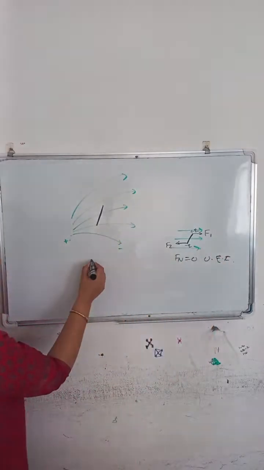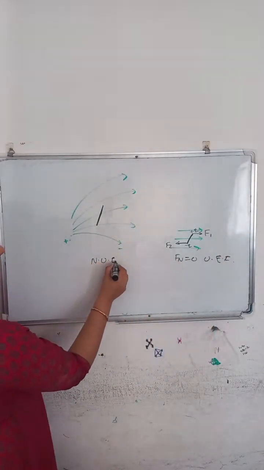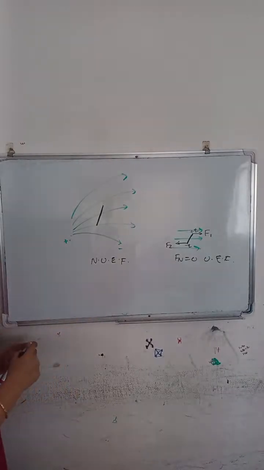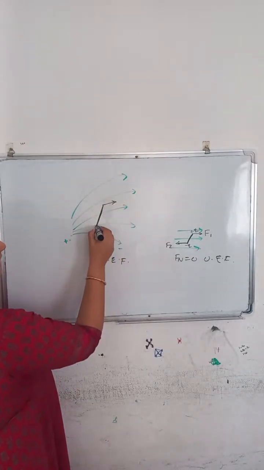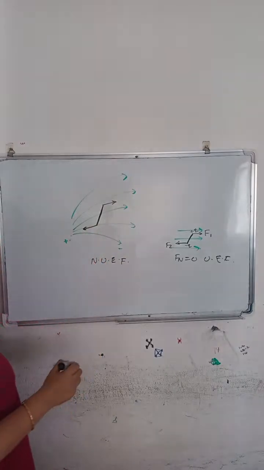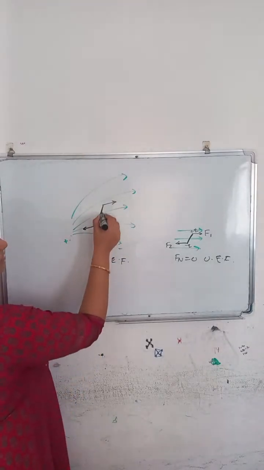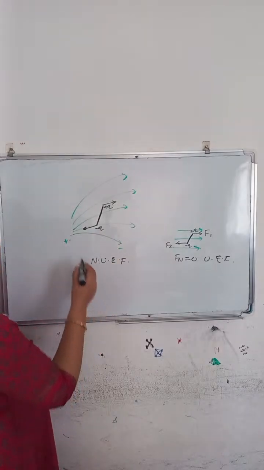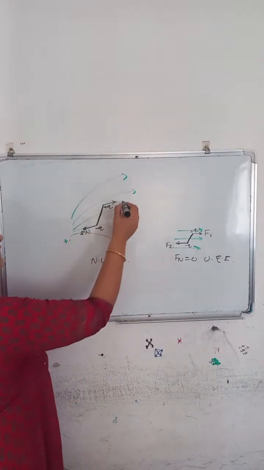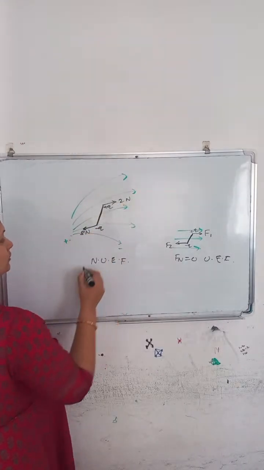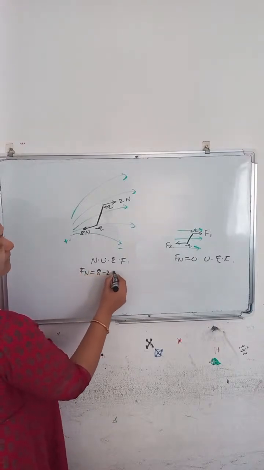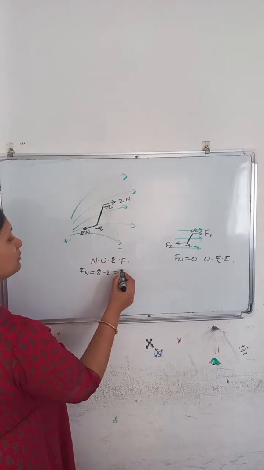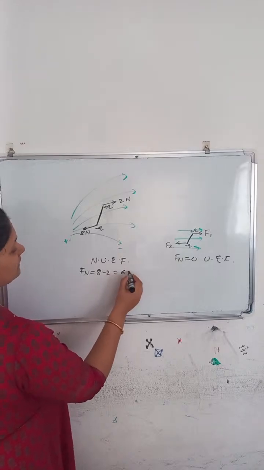But here this is the case where a non-uniform electric field is there. So what will happen? One force is acting in this direction, another force is acting in this direction. Suppose this is minus q, this is plus q. Suppose this is 8 Newton and this is 2 Newton, so net force F net is nothing but 8 minus 2, that is 6 Newton.